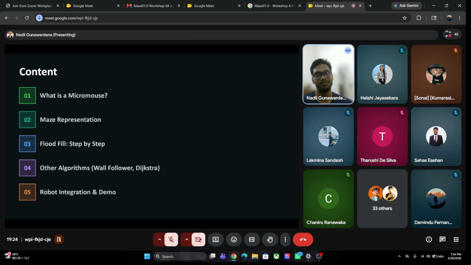About 90% of the teams use the flood fill algorithm in their micromouse. So that's the most popular algorithm in micromouse competitions nowadays. And then the other algorithms, the wall follow and Dijkstra, I will just give a brief walkthrough, and also how to integrate these algorithms in the micromouse.